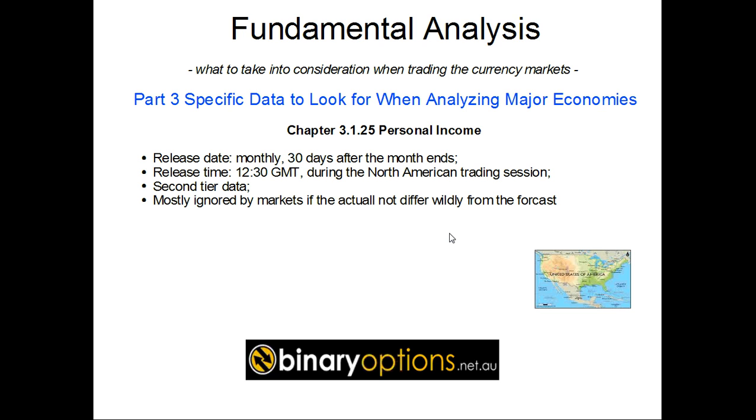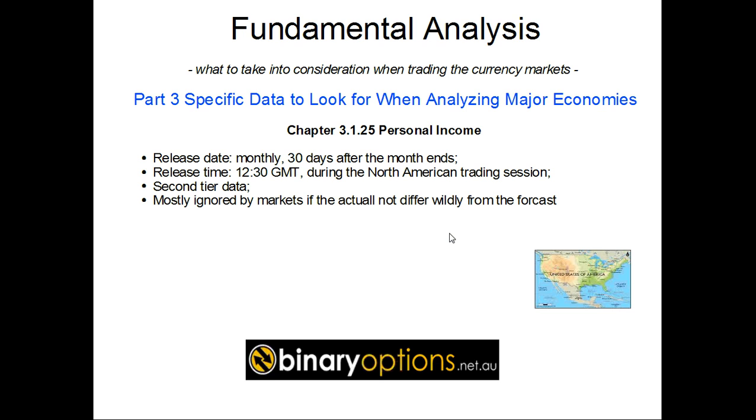The most important things to take into consideration when looking at the personal income are the release date. It is coming on a monthly basis, 30 days after the month ends. The release time is 12:30 GMT during the North American trading session, and this is a second-tier data.